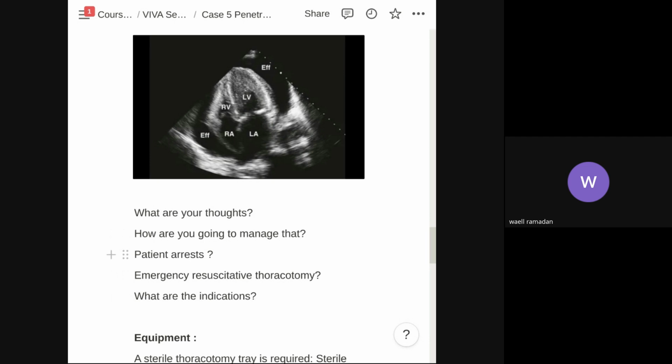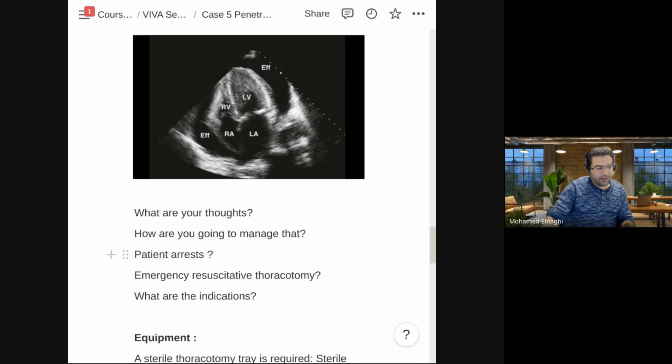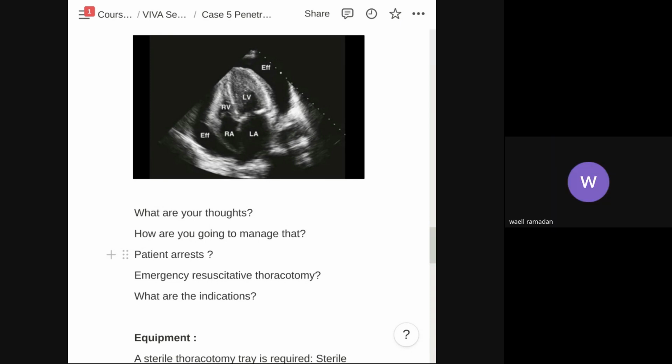I think, as you said, the witnessed arrest in trauma. Would you consider it in a patient who comes to the hospital with unwitnessed cardiac arrest with penetrating injury? I think there was a time frame for it. I think the difference was in the time frame between witnessed and unwitnessed, one being 10 minutes and the other 15 minutes.